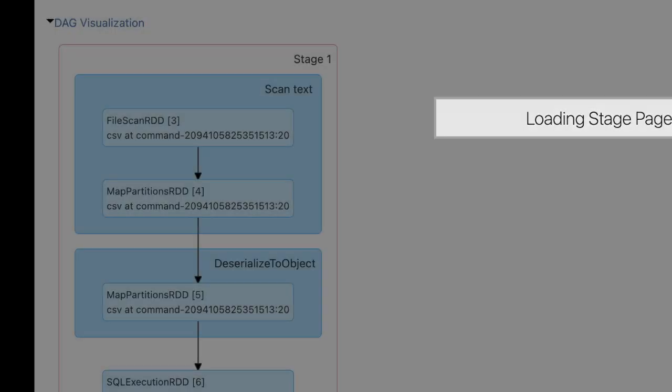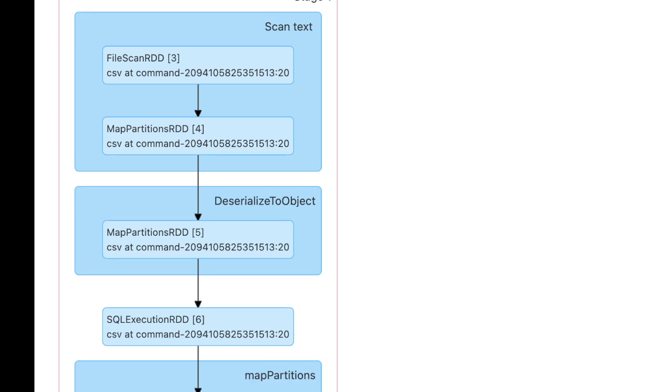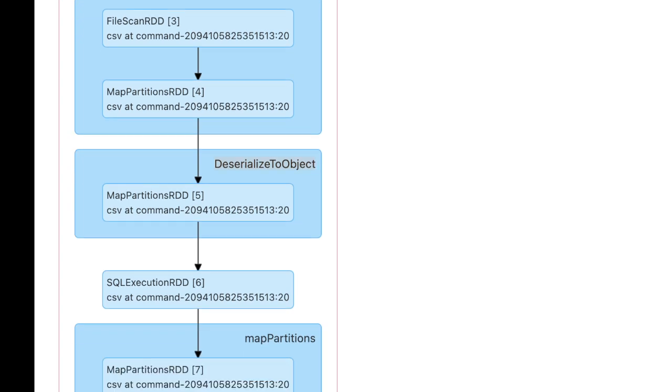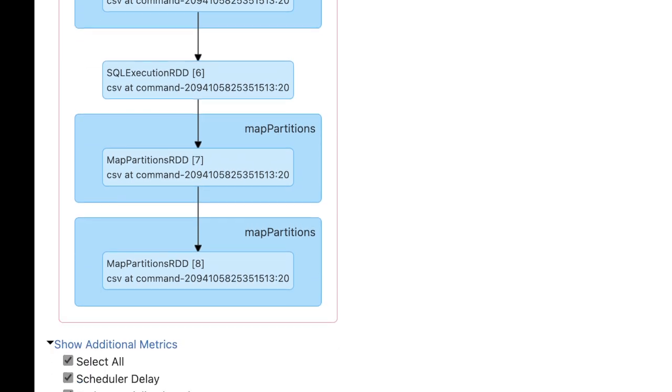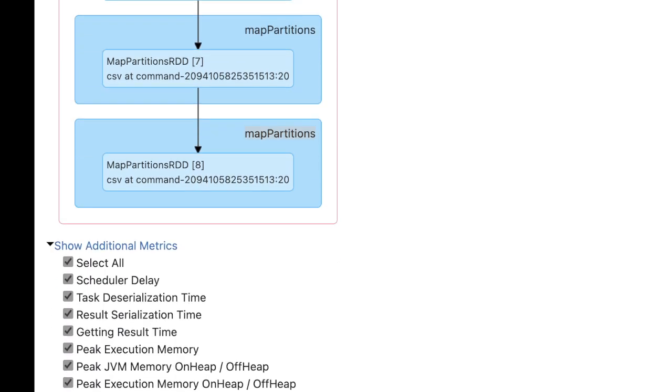In the other stage ID you can see the deserialization. First it scans the file, then it deserializes that file, because initially it has created the partitions. Now that partition has been deserialized and then converted to partitions again, for reading.